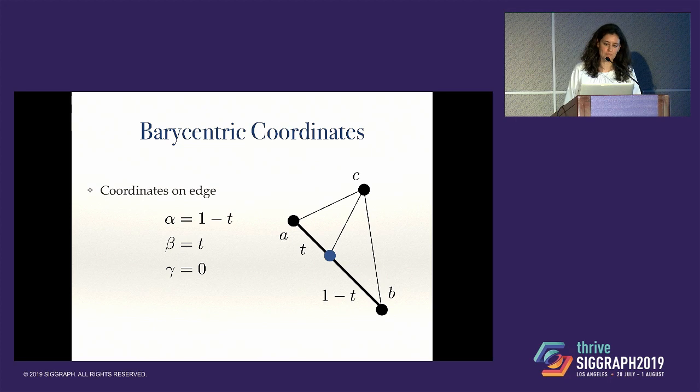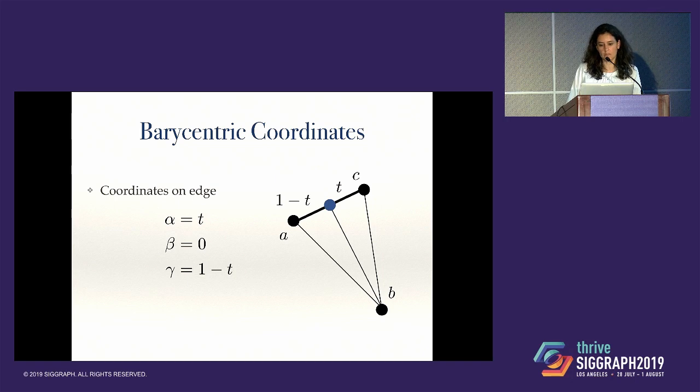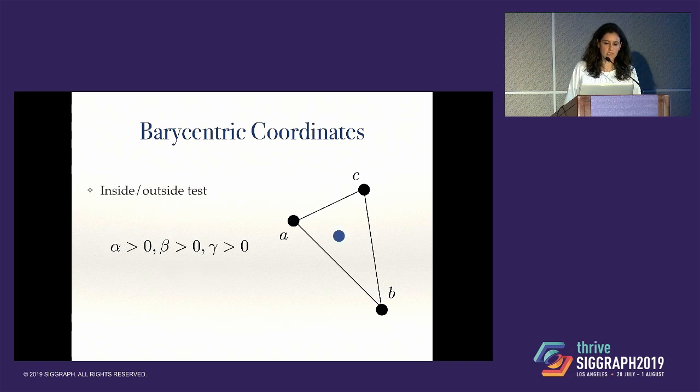Okay. And along the edges of a triangle, one of the barycentric coordinates is 0, and the ones associated with that edge are just linearly interpolated. So here, alpha is 0, and over here, the coordinate associated with B, beta, is 0. Barycentric coordinates can also be used for inside-outside tests.